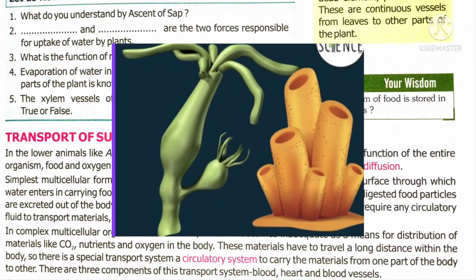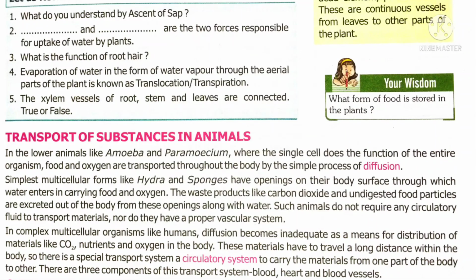Through this, water enters inside their body, as well as water is eliminated or moved out from the body. These organisms do not have a proper vascular system. Through this opening, or through a projected body like amoeba, which has projections, that means pseudopodia, the transportation of substances takes place.